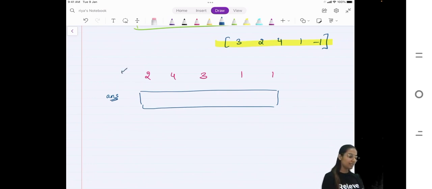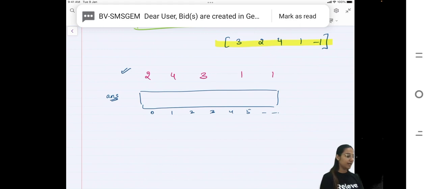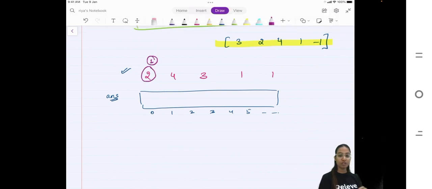So if there are, let's say, 5 people, I will maintain an array. You can keep the size whatever you want based on your convenience, right? Now the second person is standing at the first position. So I will go to the second index and I will mark a 1 there. So indexes are actually the height of the people, and the value at that index is basically the position where the person is standing.